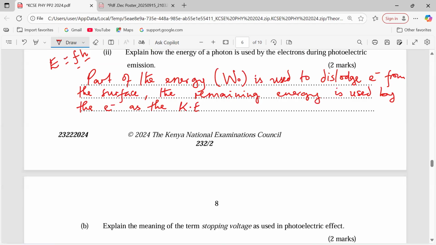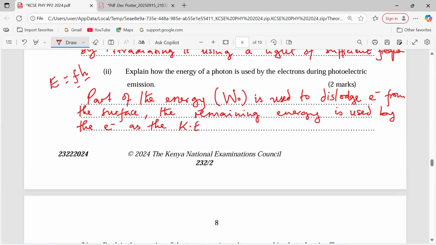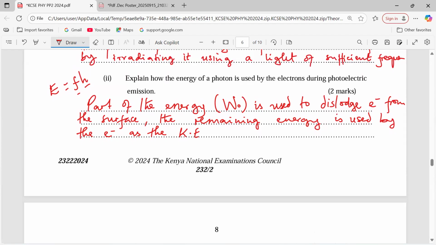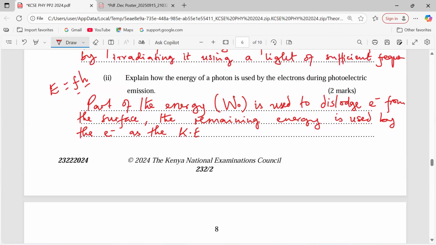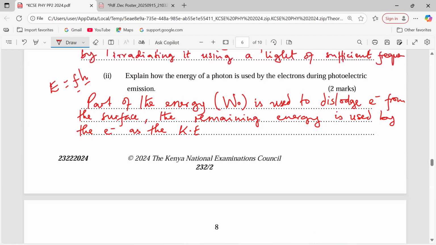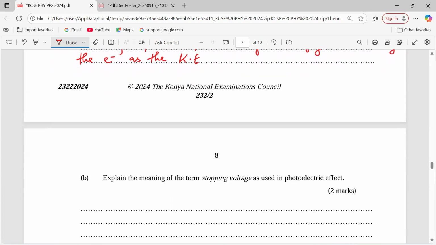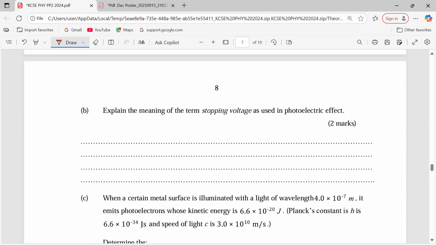Therefore, the electrons now are able to flow from the metal surface, because apart from the photon having energy enough to dislodge electrons, there remains extra energy, which now becomes kinetic energy to enable the electrons to flow.